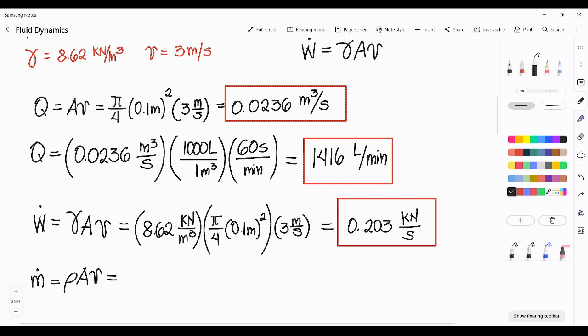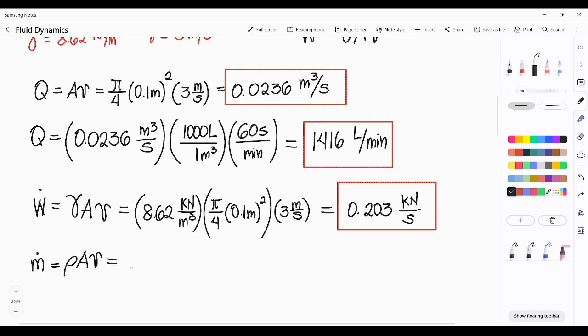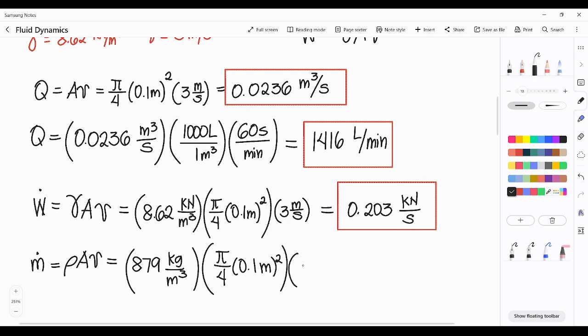Our density is 879 kilogram per cubic meters, multiplied again by our area. The cross-sectional area of the pipe is pi over 4 times 0.1 meter squared, multiplied by the mean velocity of 3 meters per second.